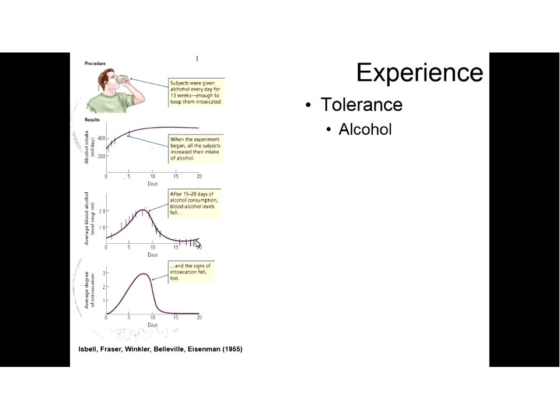So the body is changing in response to that alcohol level, and we see that the average degree of intoxication also changed, and that it decreased. It follows a slightly different time frame than what we see with that.